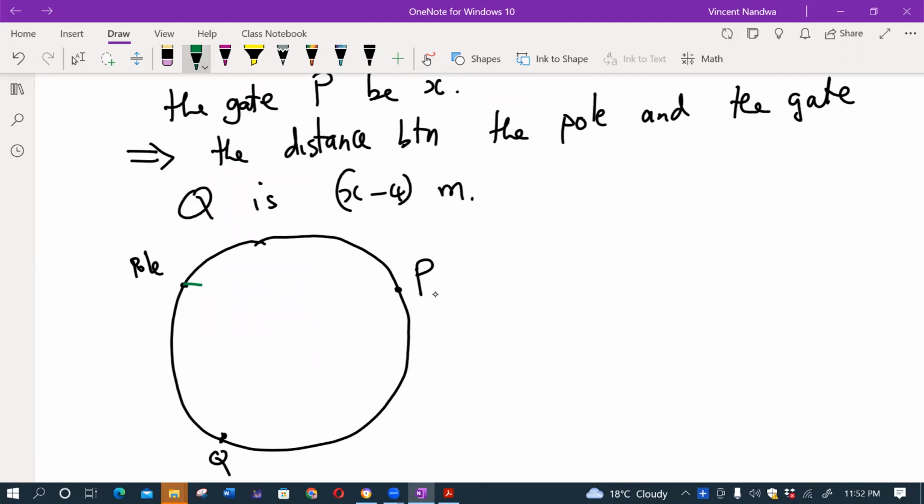If I join this, and I join this, I can join this PQ. So this is what we're calling x, the distance between the pole and gate P. So the distance between the pole and gate Q is x minus 4.